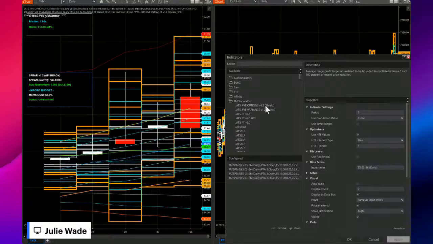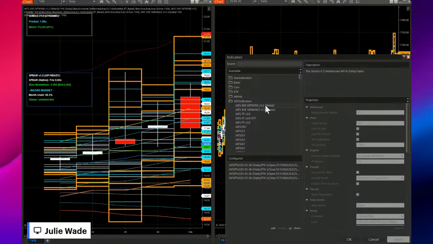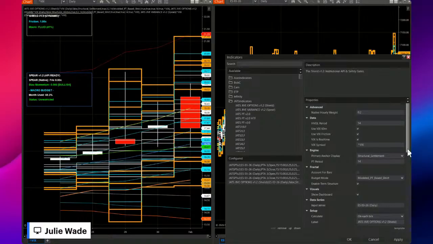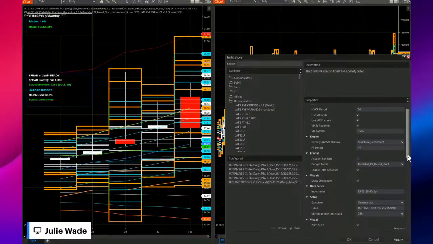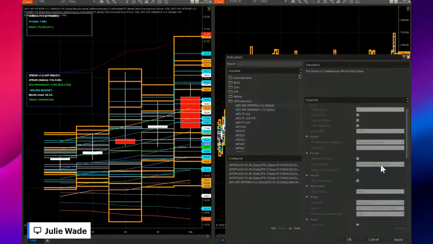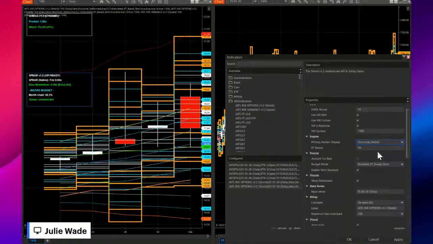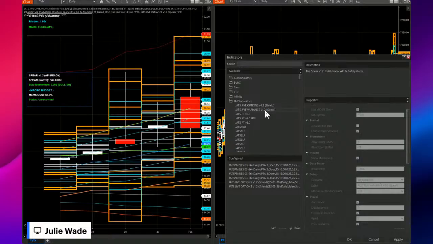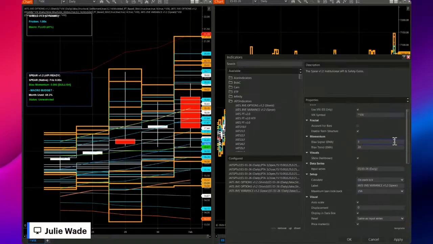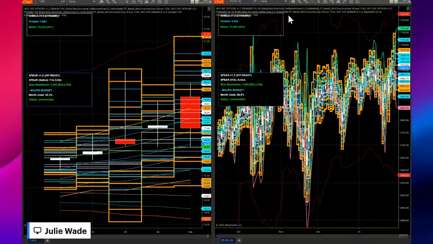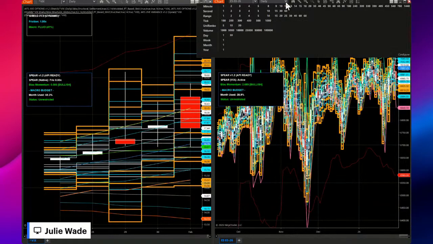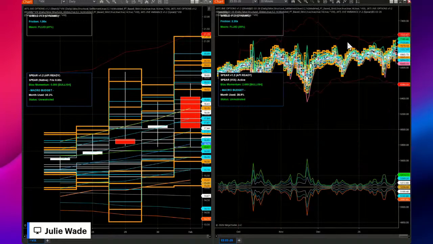And then add the shield. Structure. Globex. And there's just one. Okay. So we're going to also put this on a 30-minute or 60-minute bar. Let's do a 30-minute.